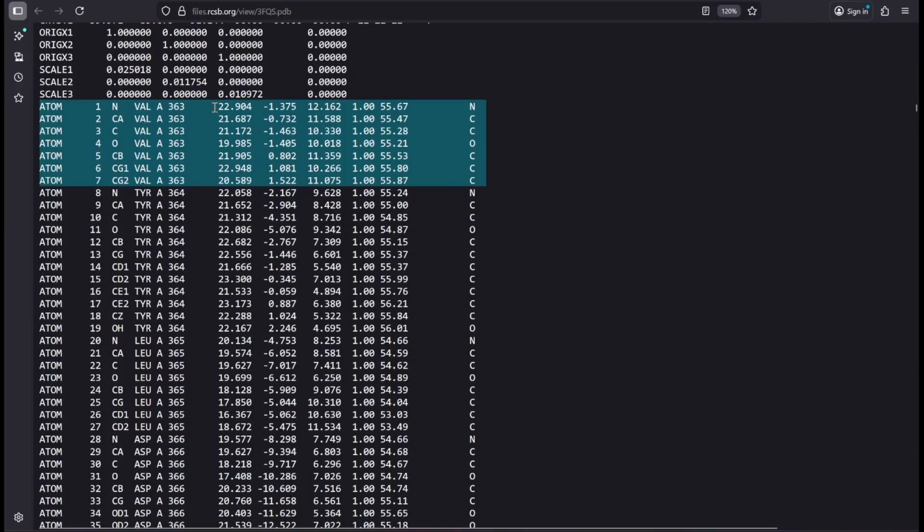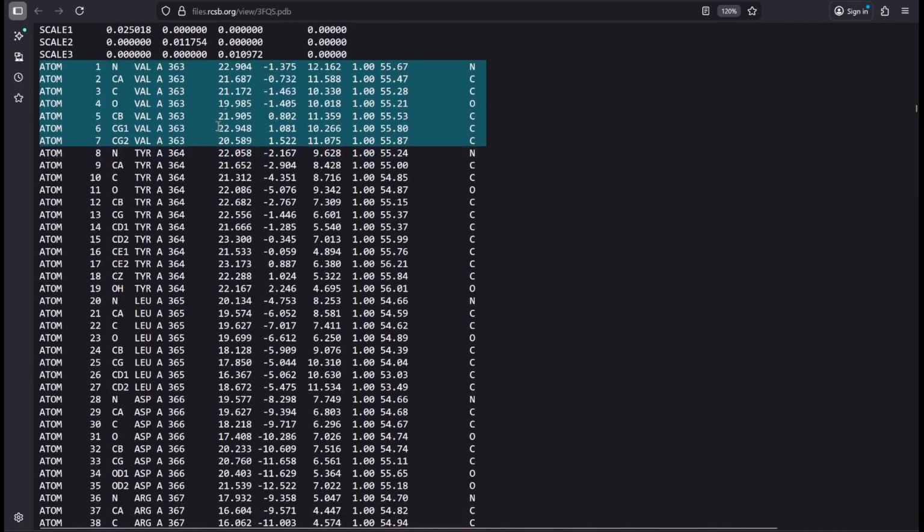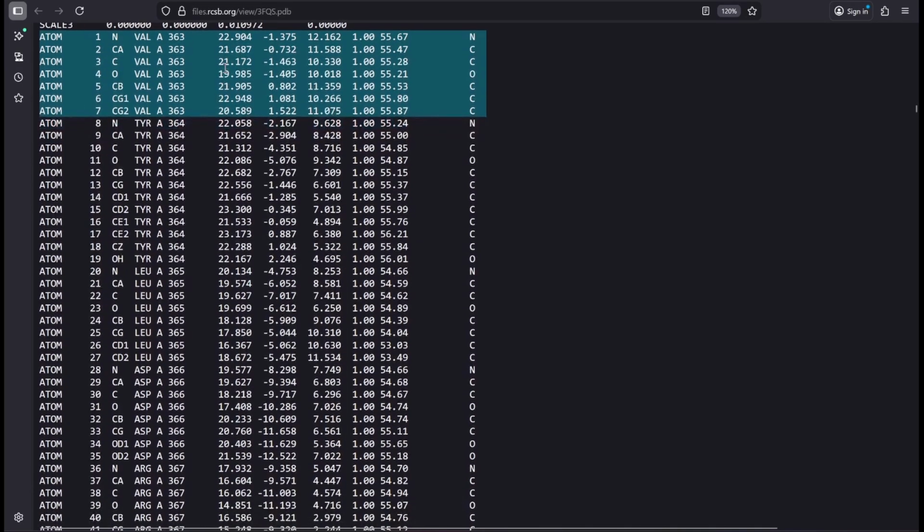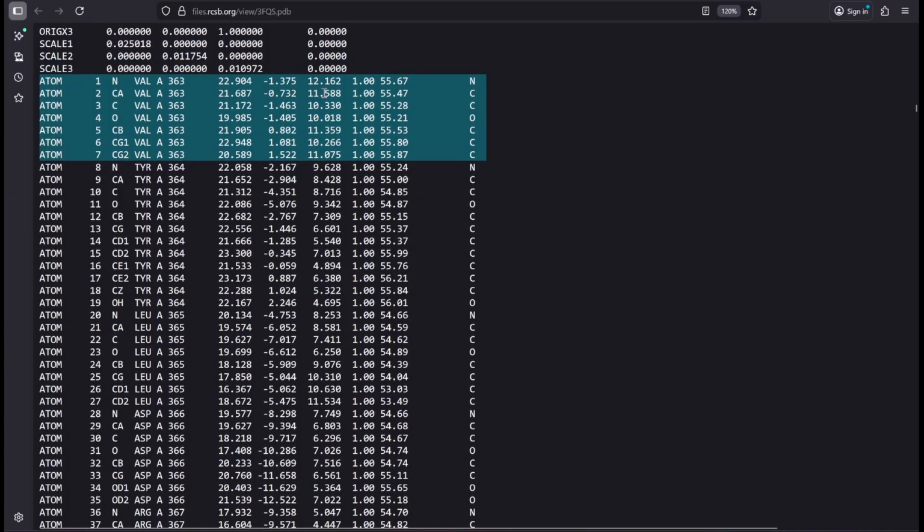And just towards the right of that, what is the value? It is 22.904, 21.687, this one. Sir, x coordinate? Yeah, so just after that, you have the x, y, and then z coordinate.